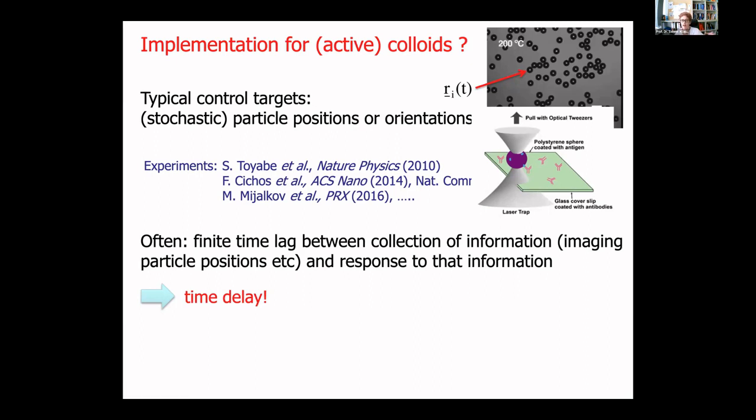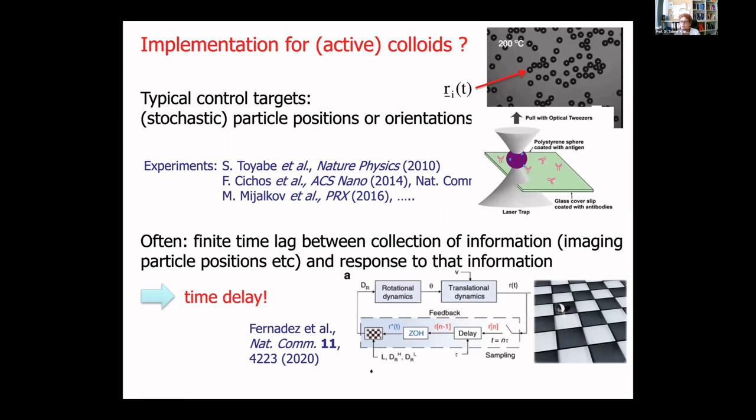And of course, you can have fixed delay times or a distribution of delay times. There are different variants of this, but the point is that in at least some of these experiments, this cannot be totally neglected.